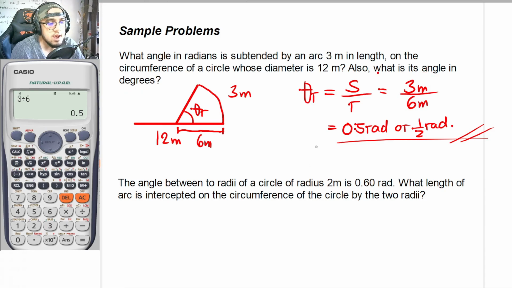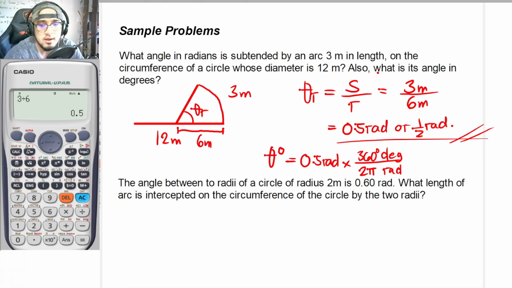For its angle in degrees, angle in degrees is basically equal to, if this is now to be our angle in radians, 0.5 radian, we would just be multiplying this by our conversion factor. For every radian, there is to be a certain amount of degrees. And in that case, for every 360 degrees, there are to be 2 pi radians.